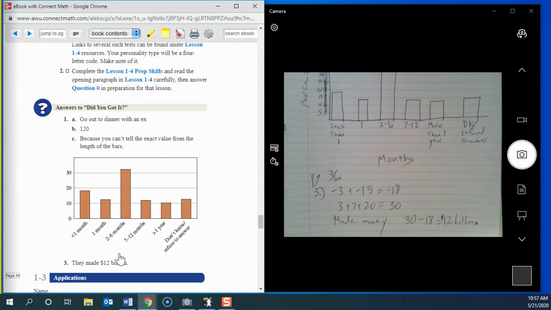Okay, and then we have here they made 12 billion, and then number 1, go out to dinner with an X, and then they had 120, but 110 would work too because they use 12%, but we use 11%, which is basically the same estimation. And then C, because you can't tell the exact value from the length of the bars, which is the approximation that we have for the answer for 1C.